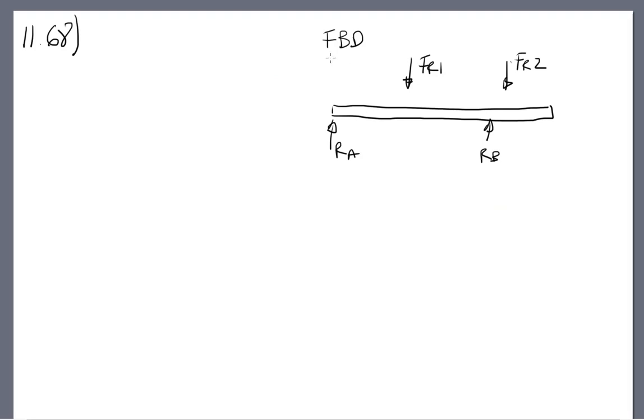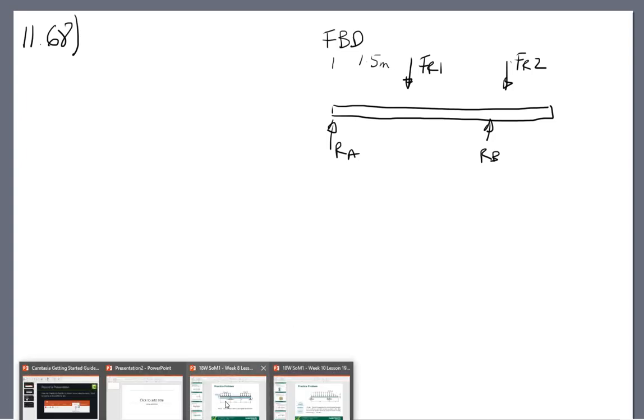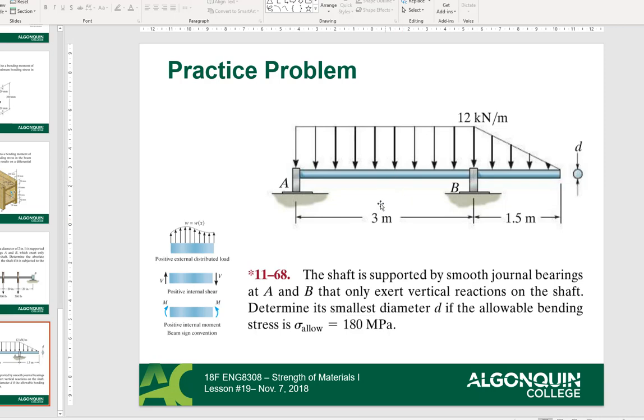So remember, we have a constant distributed load here, and then one that varies from 12 kilonewtons per meter to 0 here. So FR1, we need to figure out the resultant. Now remember, since it's a constant load, this distance here is going to be 1.5 meters. It's half of 3.